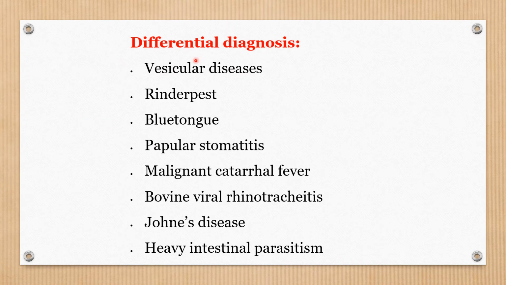Differential diagnosis. There are a number of diseases mentioned here which have one or other symptoms similar to BVD and MD. So diseases required to be differentiated are vesicular diseases. There are four diseases which produce vesicles in the GI tract: rinderpest, blue tongue, papular stomatitis, malignant cattle fever.